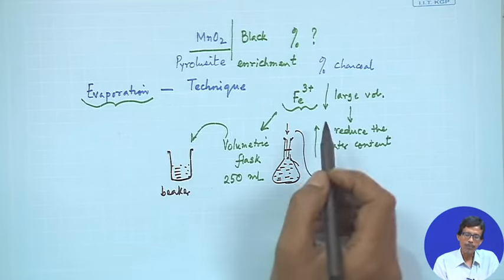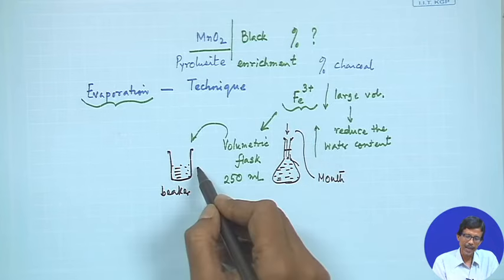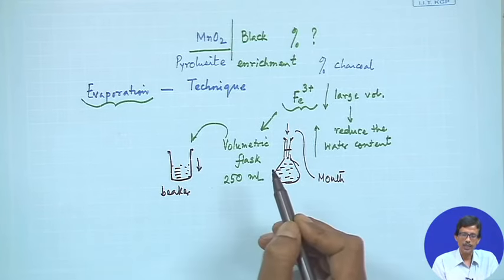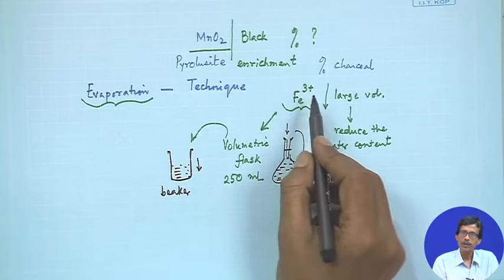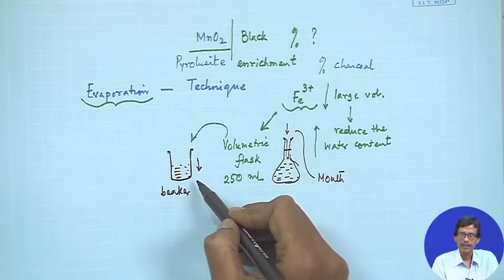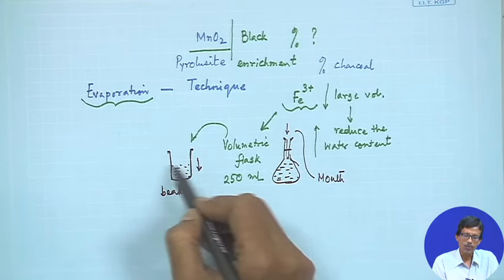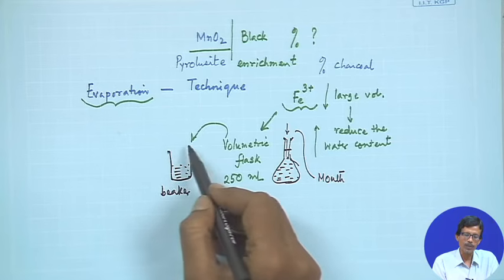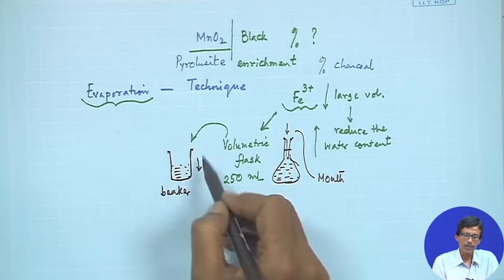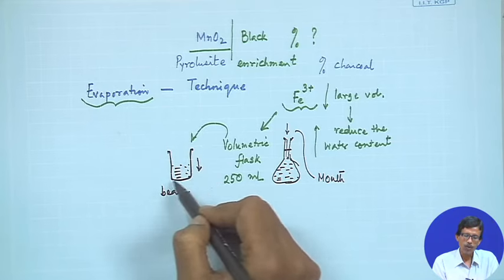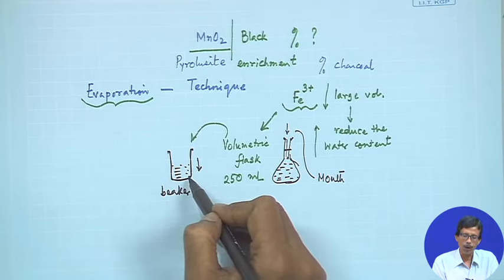What will happen is that evaporation takes place, the volume reduces and the Fe3+ concentration increases. We have to be very careful, because this open beaker may not be very useful when the volume is reduced to a small amount.